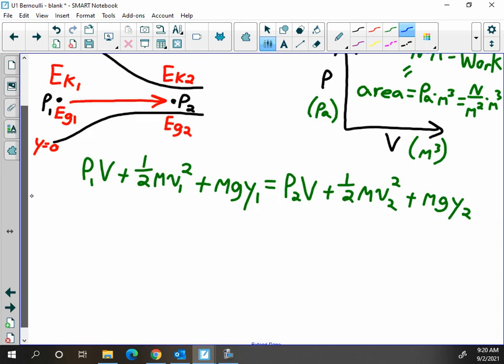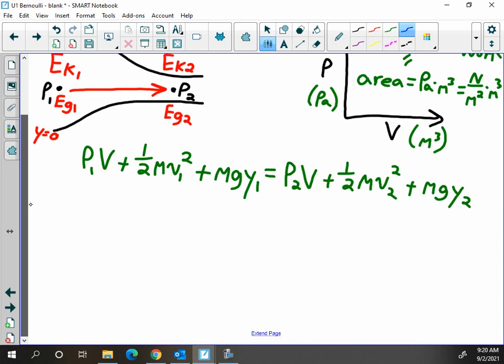It's very common in fluids not to work with mass, but instead to work with density and volume, right? So I could actually replace mass in these equations with what? Yeah, this would be density times volume. So if I take out every mass and replace it with density times volume, then all of a sudden I see volume in every single quantity, which means I can do what to it?